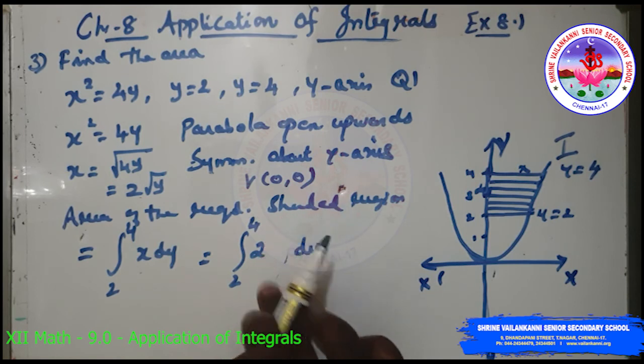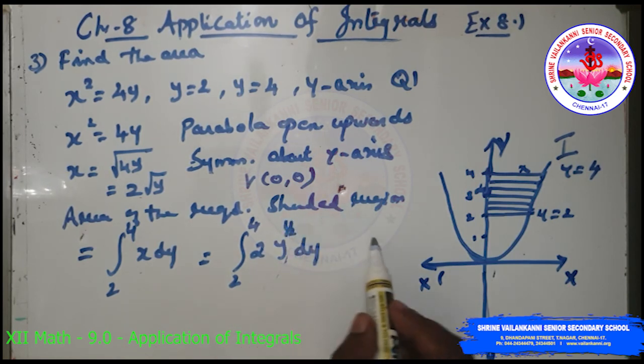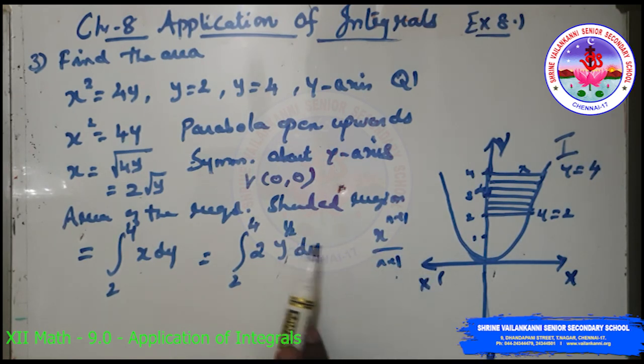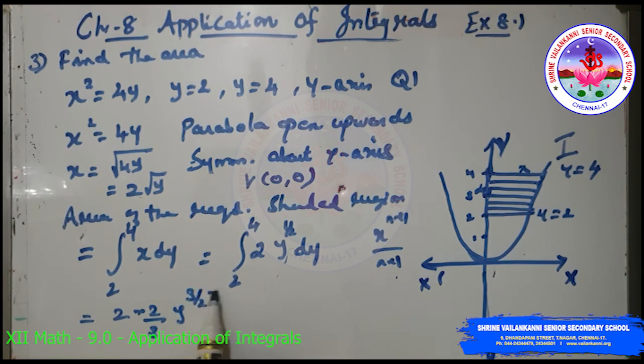Y we can write as y power half. Using the formula x power n plus 1 by n plus 1, we get y power 3 by 2 by 3 by 2, so 2 by 3 into y power 3 by 2. This is equal to 2 into 2 by 3, y power 3 by 2, with limits 2 to 4. Now applying upper limit minus lower limit, this will become 4 by 3.